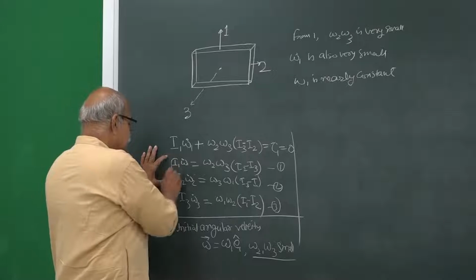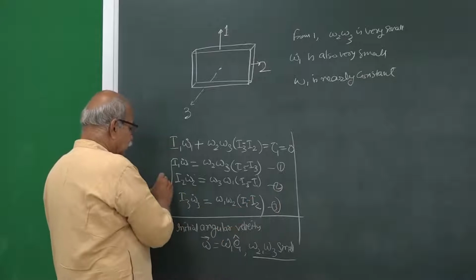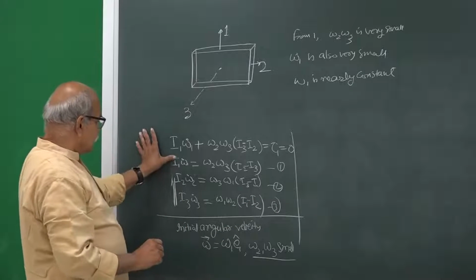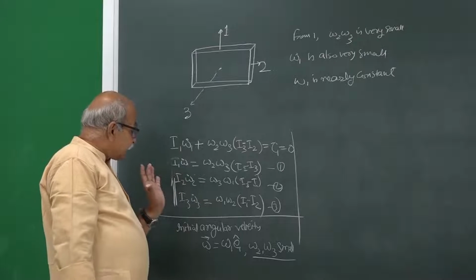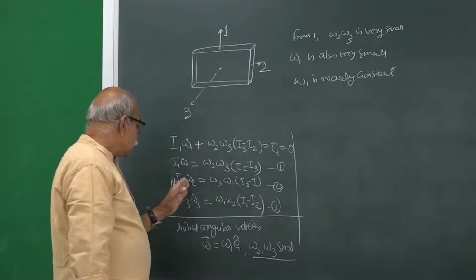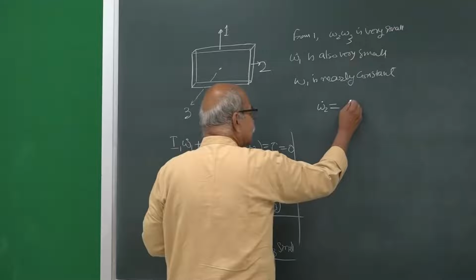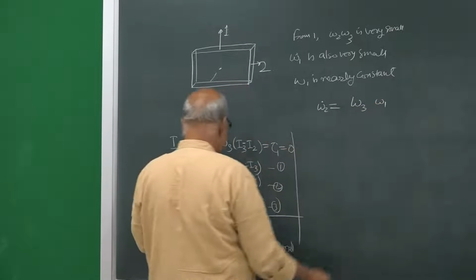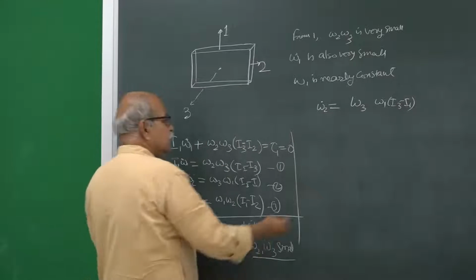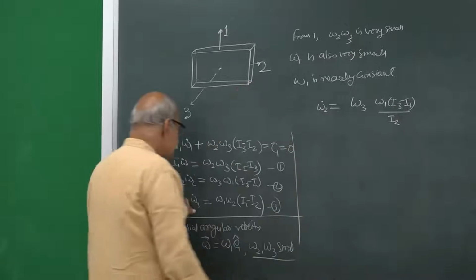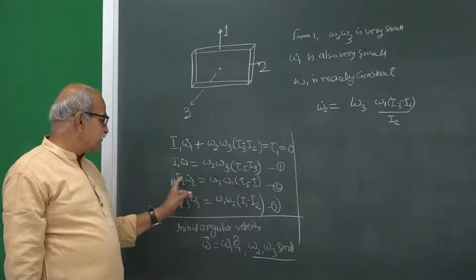Now, look at these two equations, 2 and 3. What does it say? Omega 2 dot, initially I have given a very small omega 2, but omega 2 dot is equal to omega 3 omega 1 (I3 minus I1) divided by I2.